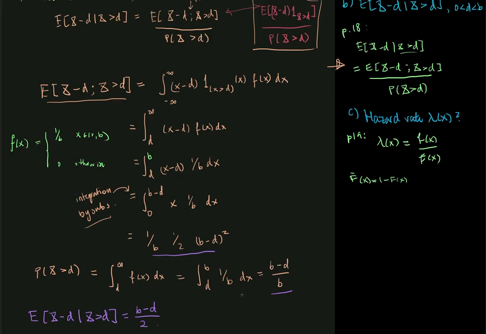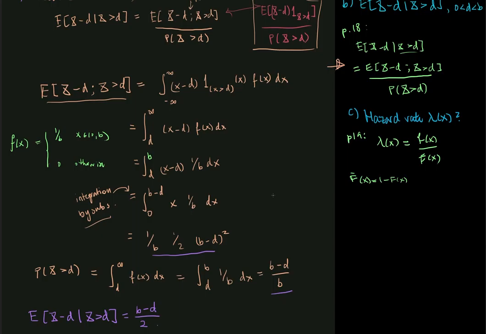And do we find this surprising? Well, frankly, no. And the reason why we do not find this surprising is because, again, given the knowledge that x exceeds d, we know that x can live somewhere between d and b, right? Now, any value between d and b, x can take with equal probability because x is uniformly distributed.